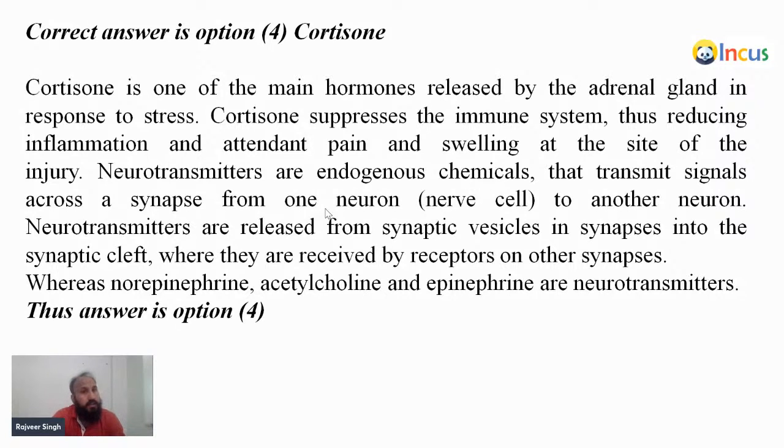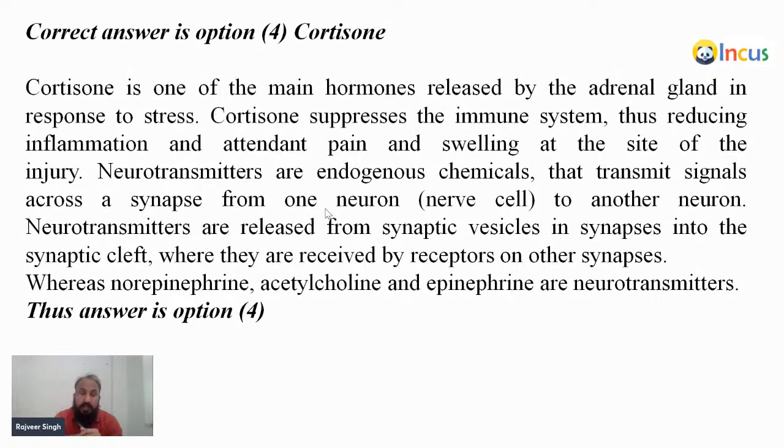If I talk about cortisone, it is one of the main hormones released by the adrenal gland in response to stress. Cortisone suppresses the immune system, thus reducing inflammation and attendant pain and swelling at the site of the injury.